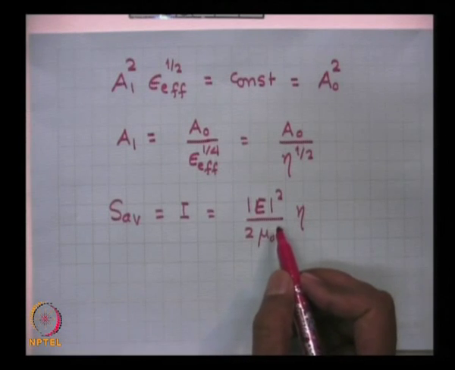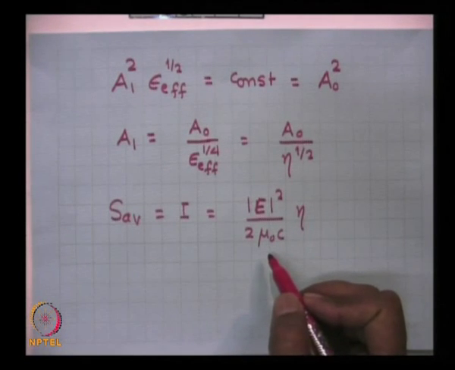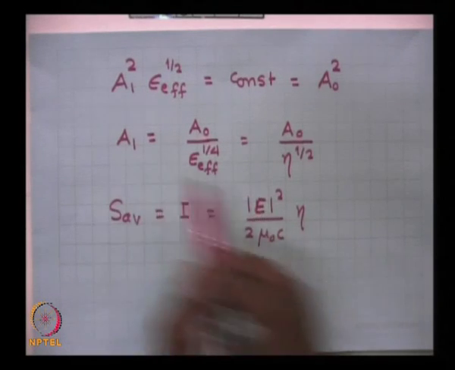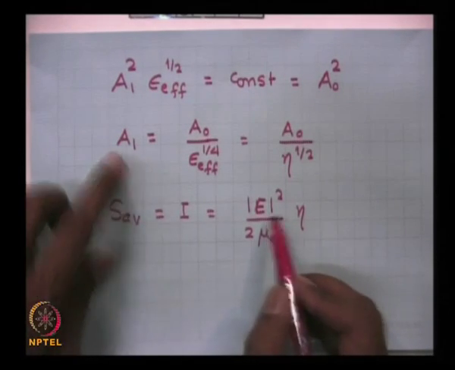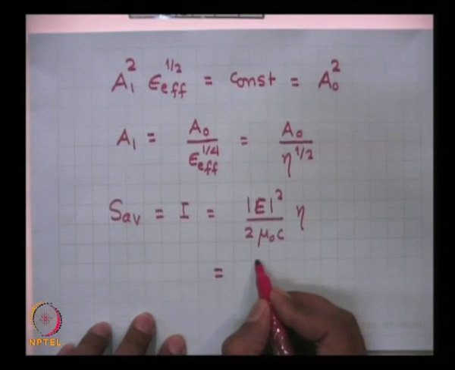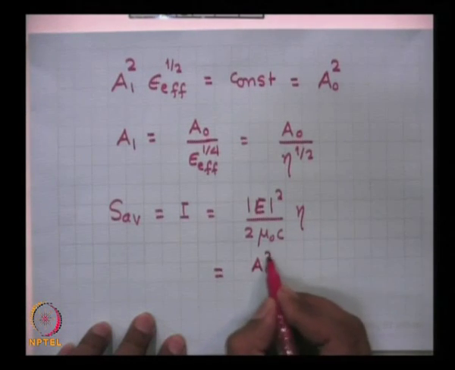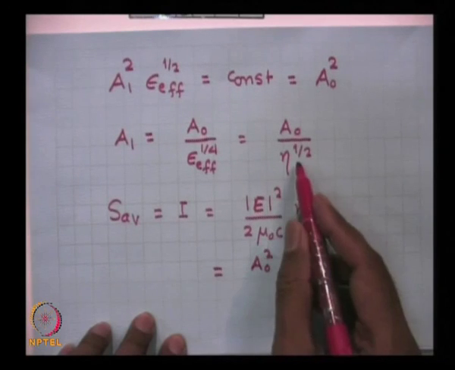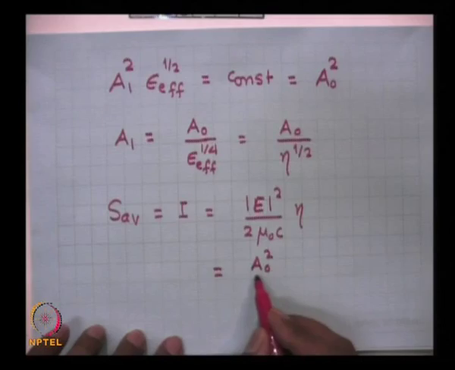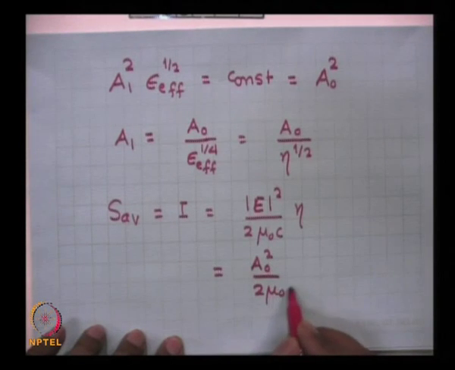So, if you put the value of E, it becomes simply a1 square. So, it becomes a0 square upon twice mu 0 c, because 1 upon eta will be from here, and eta will cancel out.